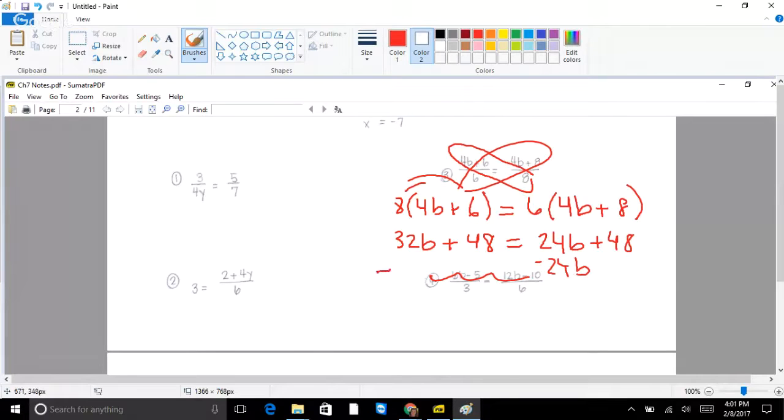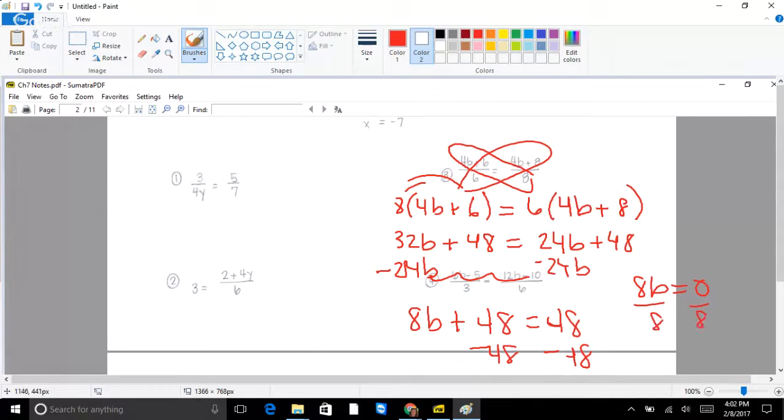We're going to subtract 24b from both sides. And 32 minus 24 leaves us with 8b plus 48 equals 48. So now let's subtract 48 from both sides, and we end up with, it's kind of weird, 8b equals 0, or b equals 0. So that's kind of an odd one.